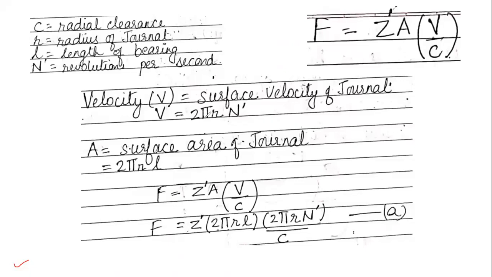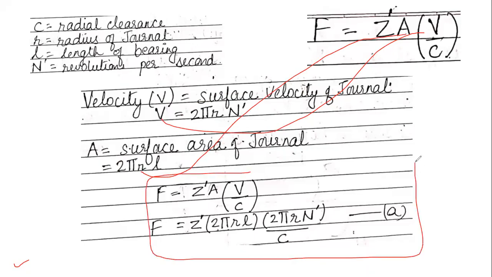This formula of V, we are going to put into this equation. Before that, let us see the value of A, that is the surface area of the journal. That is also going to be pi d l or 2 pi r l, because d is equal to 2r. So the formula will become 2 pi r l. Next, we are just putting the value of V over here and the value of A over here.